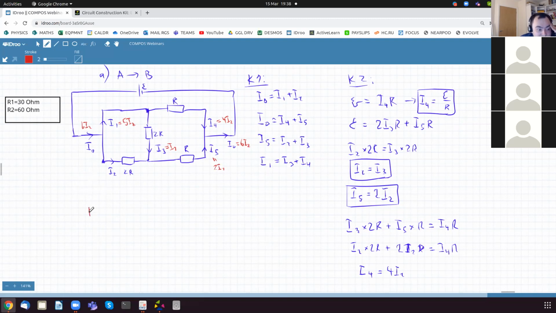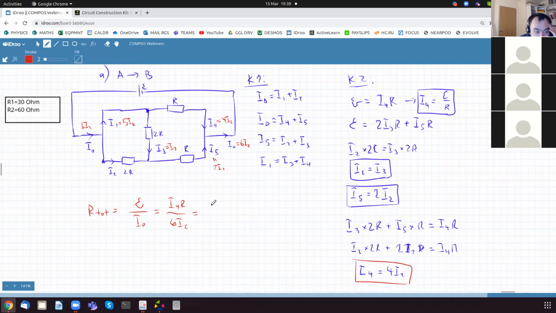Okay. So the total resistance is going to be EMF divided by the total current, which is I0. We know that EMF is I4R, and we know that I0 is 6I2 and that I4 is 4I2.